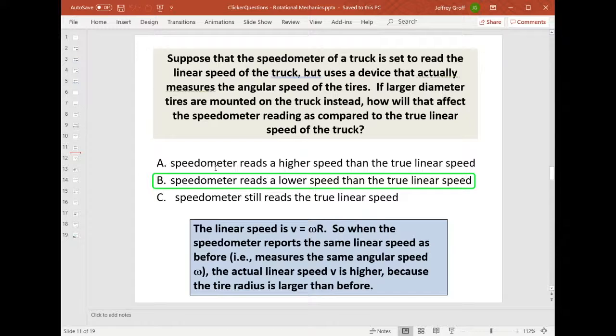B is the best answer here. It's this radius connection between these two quantities. Angular velocity, angular speed, multiplied by the radius gives you linear speed.